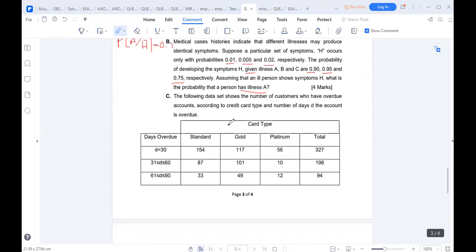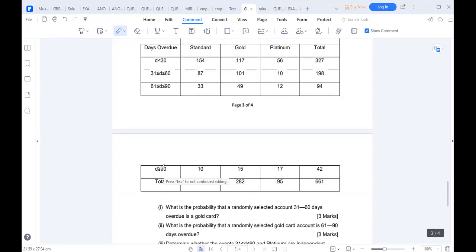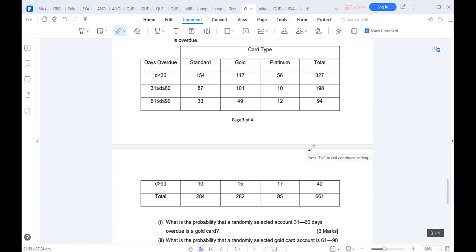Then part C, we are told that the following data shows the number of customers who have overdue accounts according to the credit type and the number of days. So we're given standard, gold, platinum, and less than 30, between 30 and 60, 60 to 90, more than 90, and the totals have been given. Now remember, for such a table, whenever you're asked to find the probability of gold, just get the total over the grand total, 282 over 661.